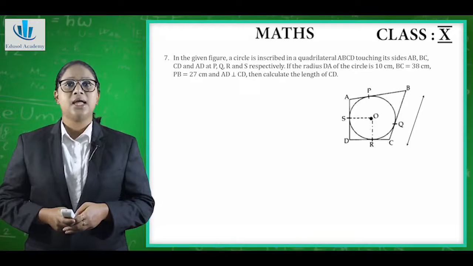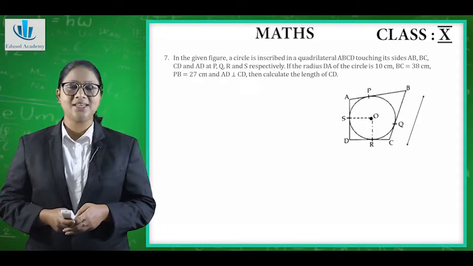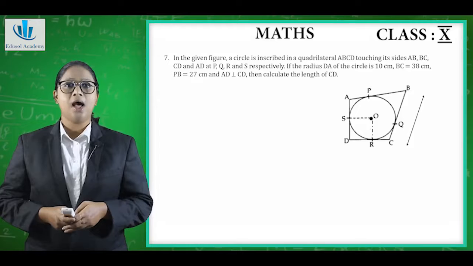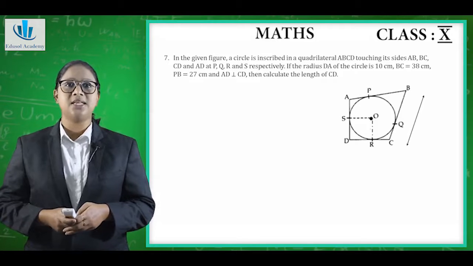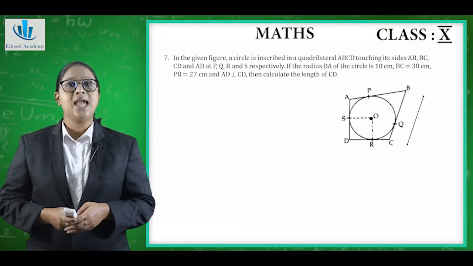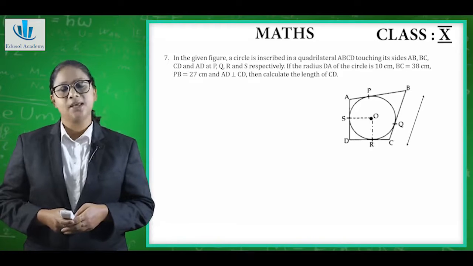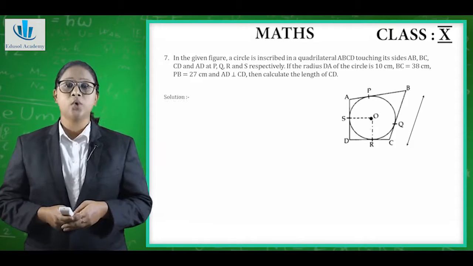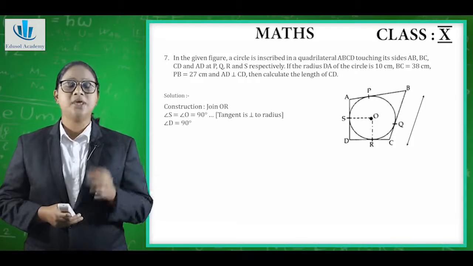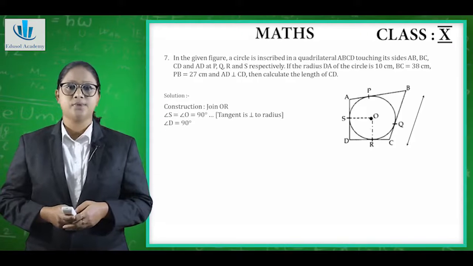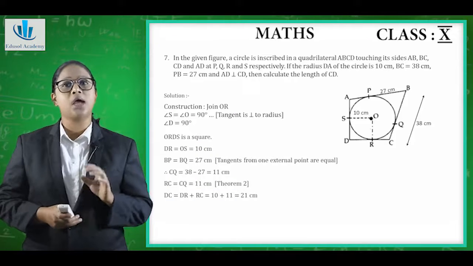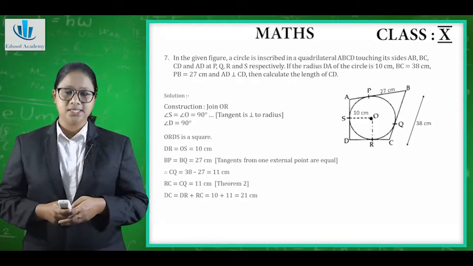If the radius of the circle is 10 centimeter, BC is equal to 38 centimeter, PB is equal to 27 centimeter and AD perpendicular to CD, then calculate the length of CD. So many data are given, so you may list down the given data first and construct OR. Connect the center O to the point of contact R of the tangent DC.